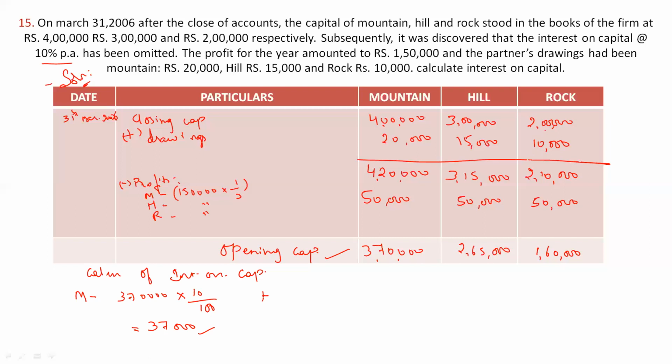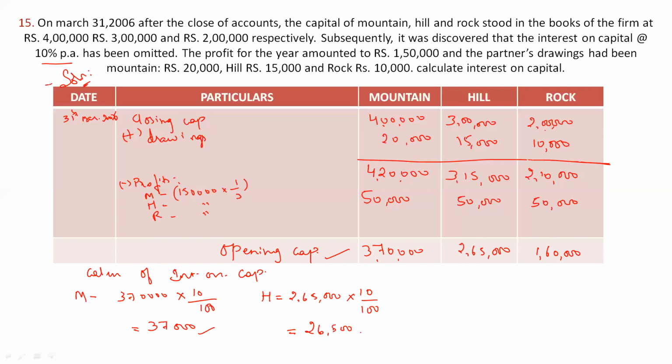Similarly, let's find out for Hill. The opening capital of Hill is rupees 2,65,000, into, again, rate of interest 10% per annum, so 10 by 100. So we'll get the amount as 26,500.